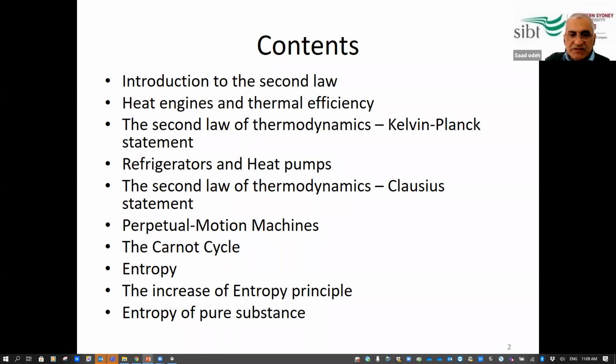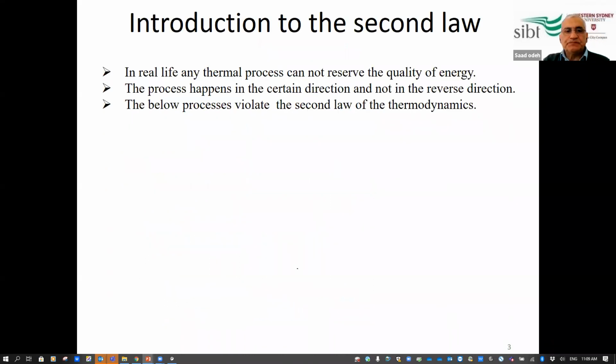And also, if we have time, we will talk about a new property, which is the entropy. I think you found this property in the steam tables, but we didn't use it before because we didn't have any information about it. But now we're going to talk about the entropy and tell you how to use this property, or where to use it.